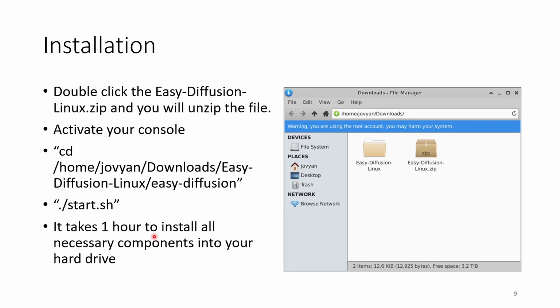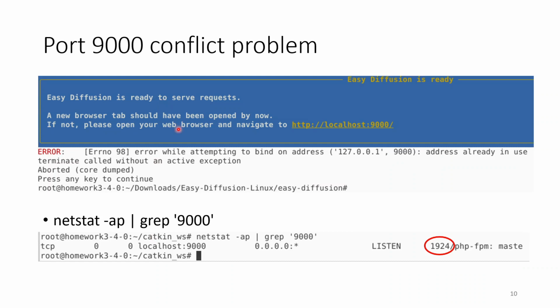And this is the port 9000 conflict problem I mentioned a few weeks ago, so let me talk about it again. Because we are using a Docker image, there is another process using port 9000, and Easy Diffusion's default port number is also 9000. So there are two solutions.